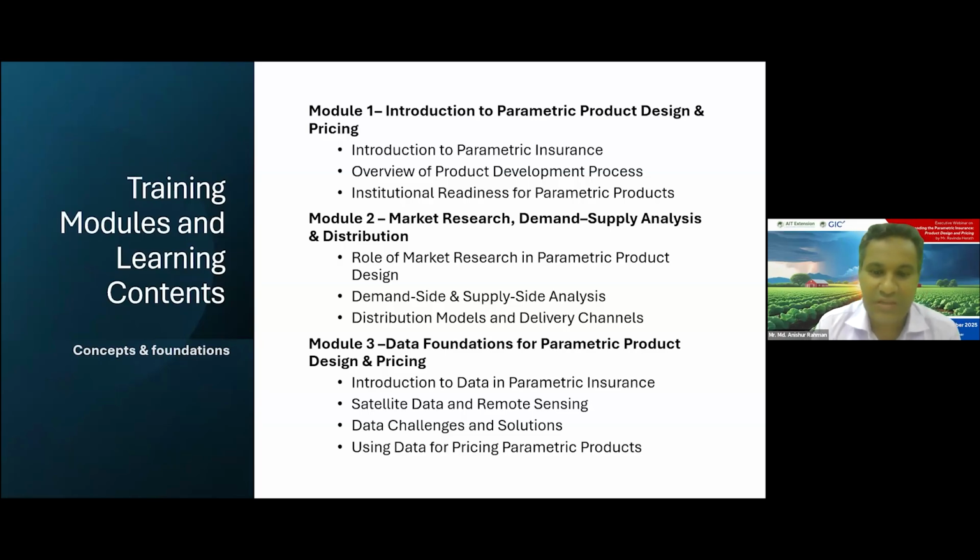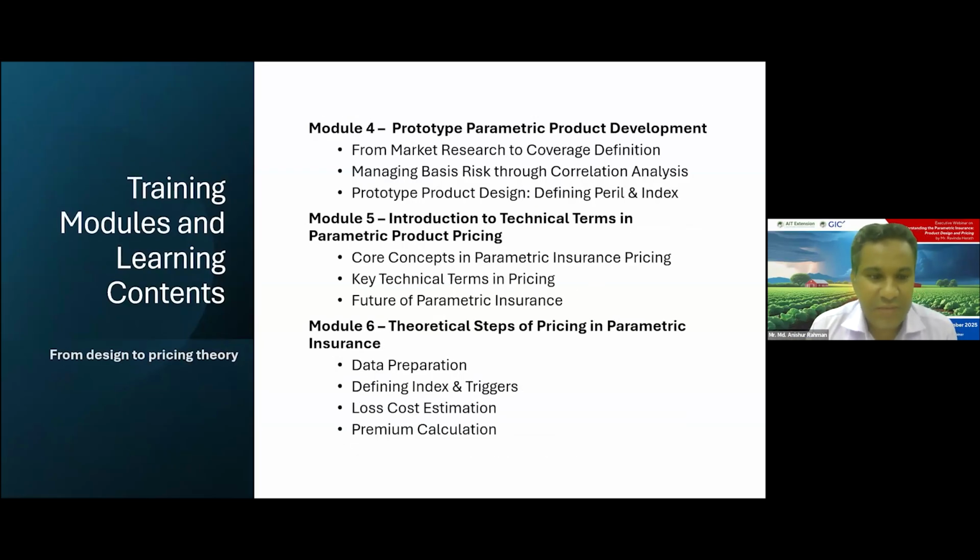And module 3 is on data foundations for parametric product design and pricing. The next segment is from design to pricing, which covers module 4 on prototype product development, module 5 on introduction to the technical terms in parametric product pricing, and module 6 focusing on theoretical steps of pricing in parametric insurance.